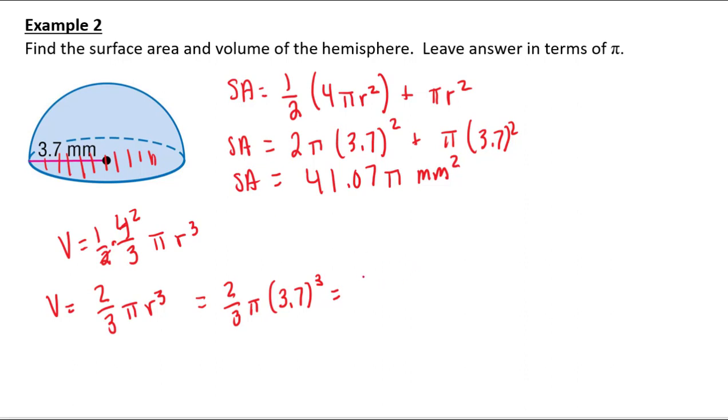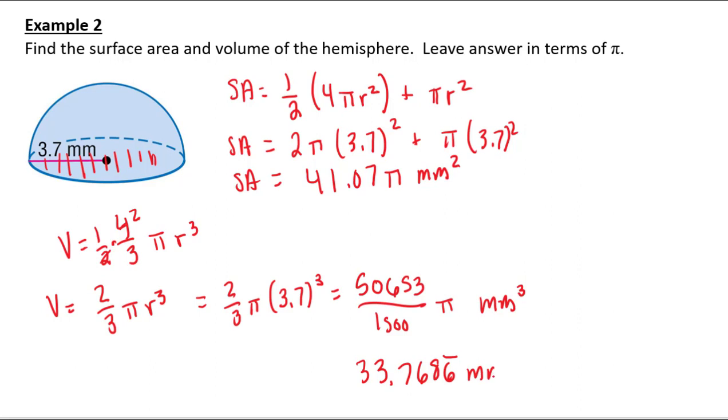But we have these fancy calculators. 50653 over 1500 pi. In my notes, I have 33.7686 repeating millimeters cubed.